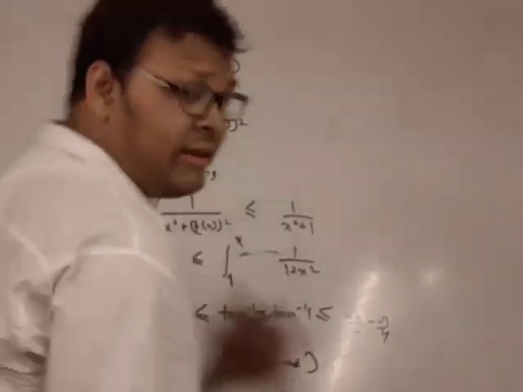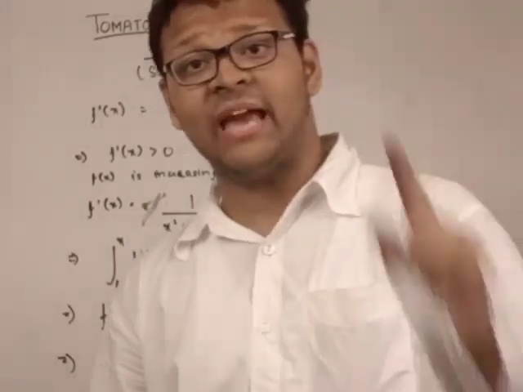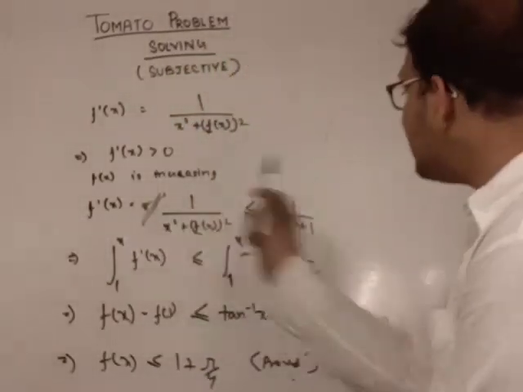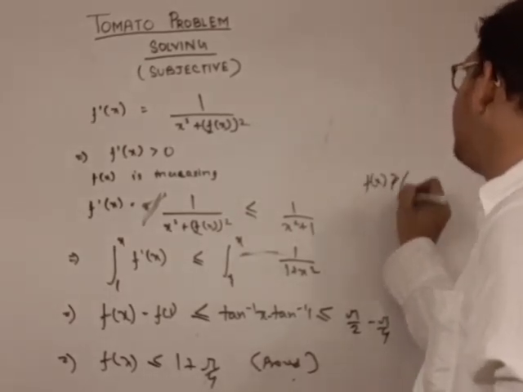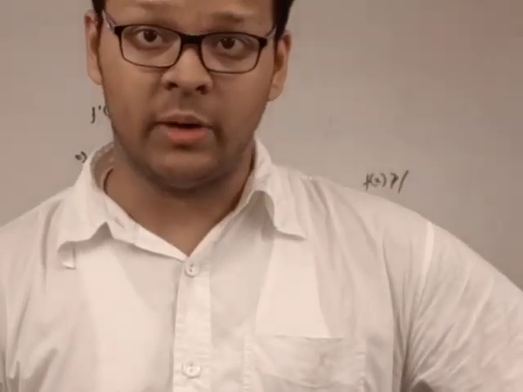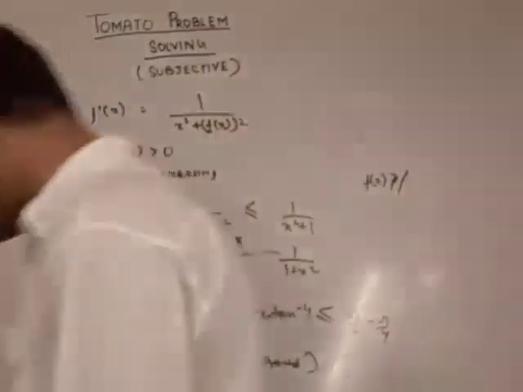So you see how easy the problem became with the intuition we gathered, that f(x) is positive and increasing. And how did we do the step? We know that f(x) is greater than or equal to 1 since f(x) is defined in 1 to infinity, and so we could just follow this sequence of steps.